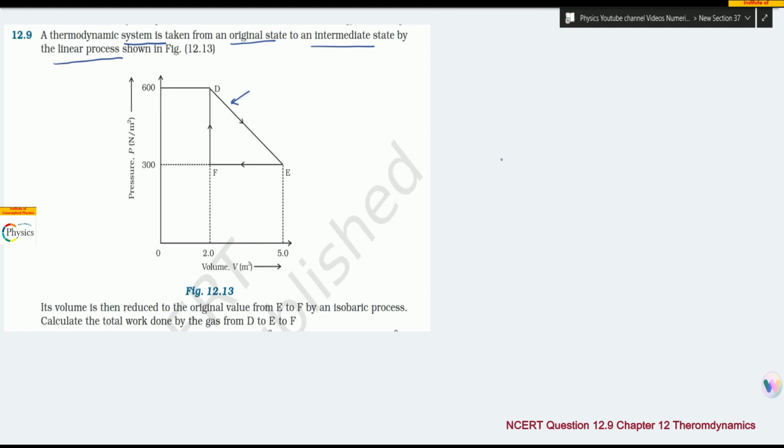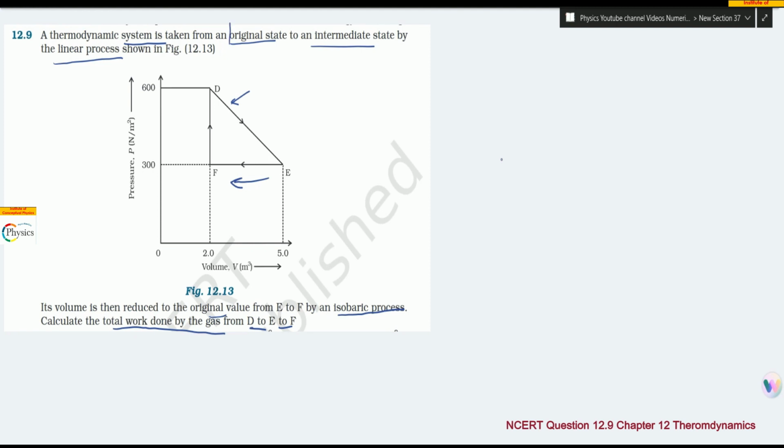Its volume is then reduced to the original volume from E to F by an isobaric process. Calculate the total work done by the gas from D to E to F. So you have to calculate the work from D to E, and then E to F.